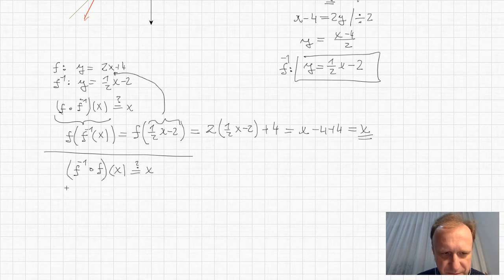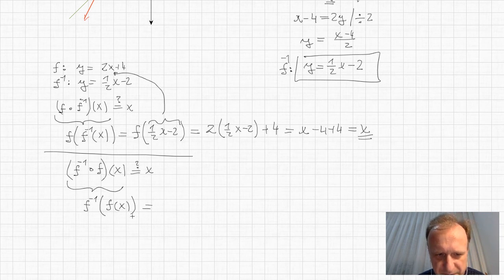To do it, we rewrite this using the more convenient notation: f inverse of f of x. Now use these formulae for the functions. First start with the inner part, so it's f inverse of, and instead of f of x I write 2x plus 4, the formula for f of x.